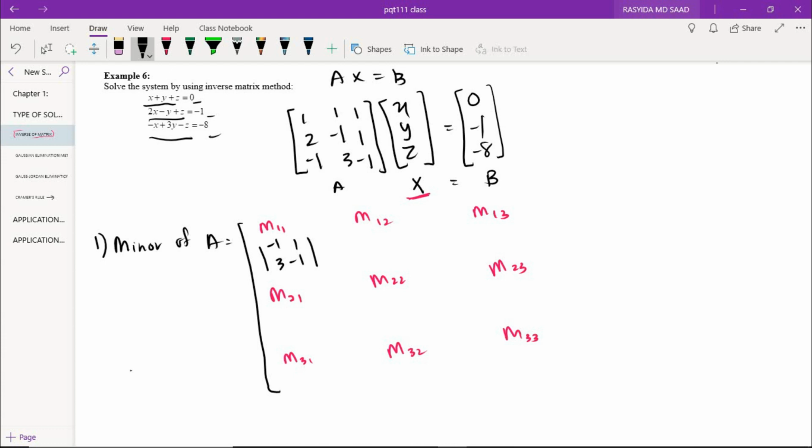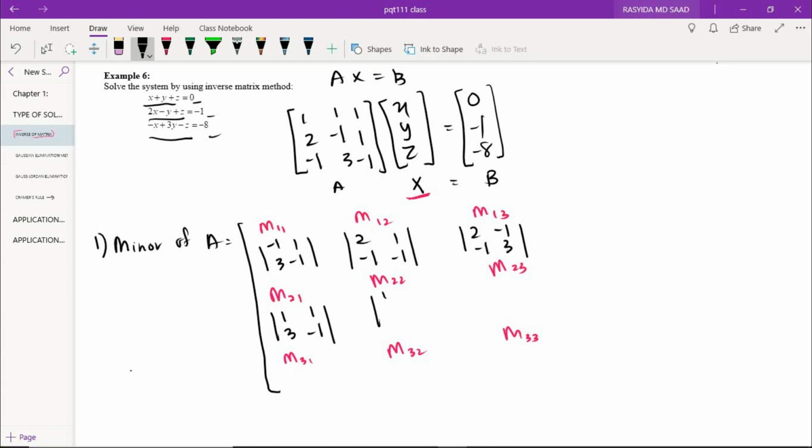M12, 1, 2. This one, you can see it. So it will be 2, oh sorry, 2, 1, negative 1, negative 1. M13, 2, negative 1, negative 1, 3. M21, so it will be 1, 1, 3, negative 1.